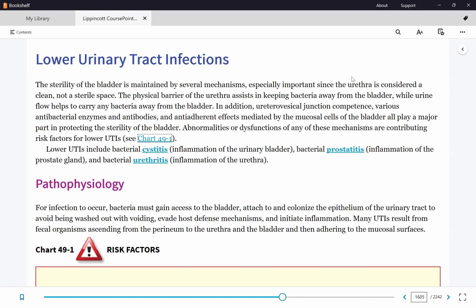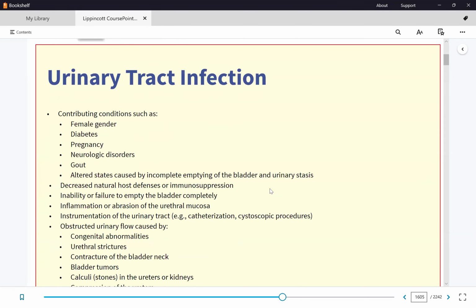So let's start with risk factors. Who is at risk for UTIs? So first is gender. Female. Then diabetics, again, the urine has sugar, there's food for the organisms. Pregnancy, same thing. Neurologic disorders, because let's say stroke patients, spinal cord injury patients, brain injury patients. So what happens to their ability to urinate?